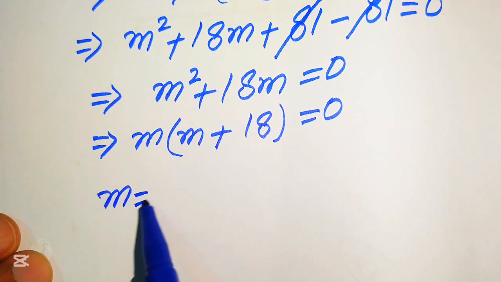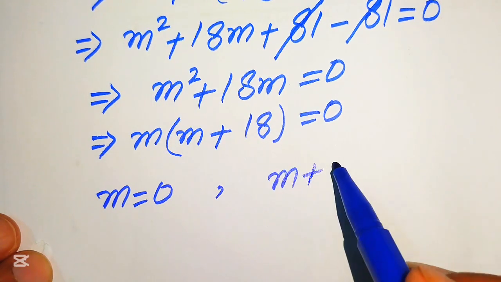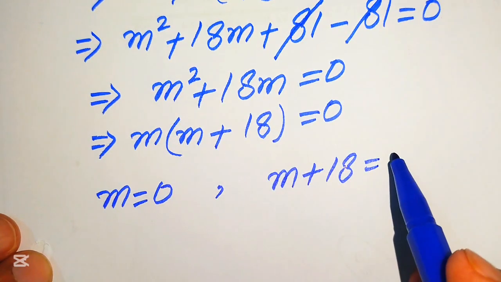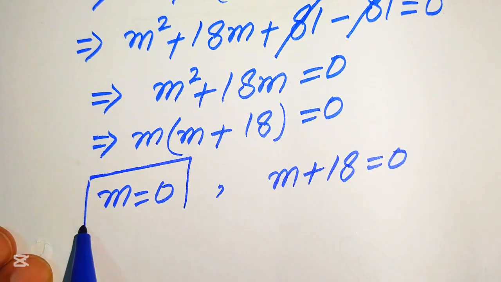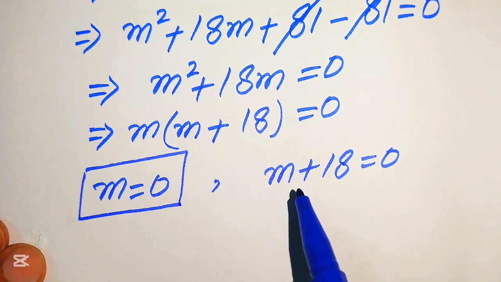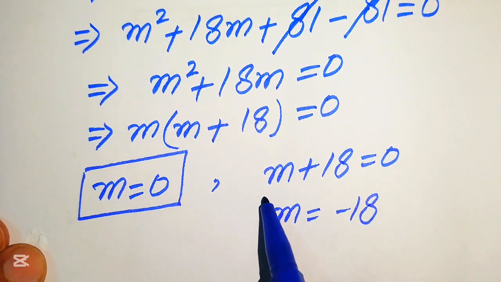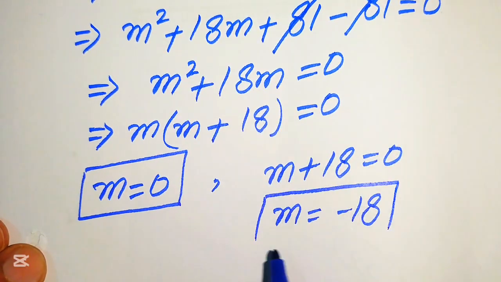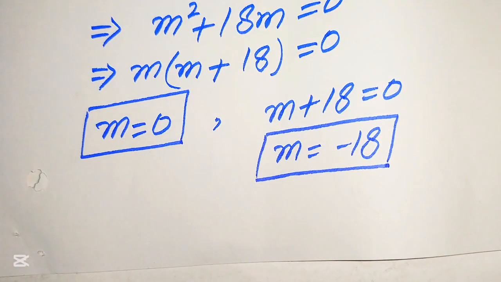The first case is m = 0, and the second case is m + 18 = 0. So this is our first root, and from here we move this plus 18 to the right hand side and we get m = −18. This is our second solution of the given equation.